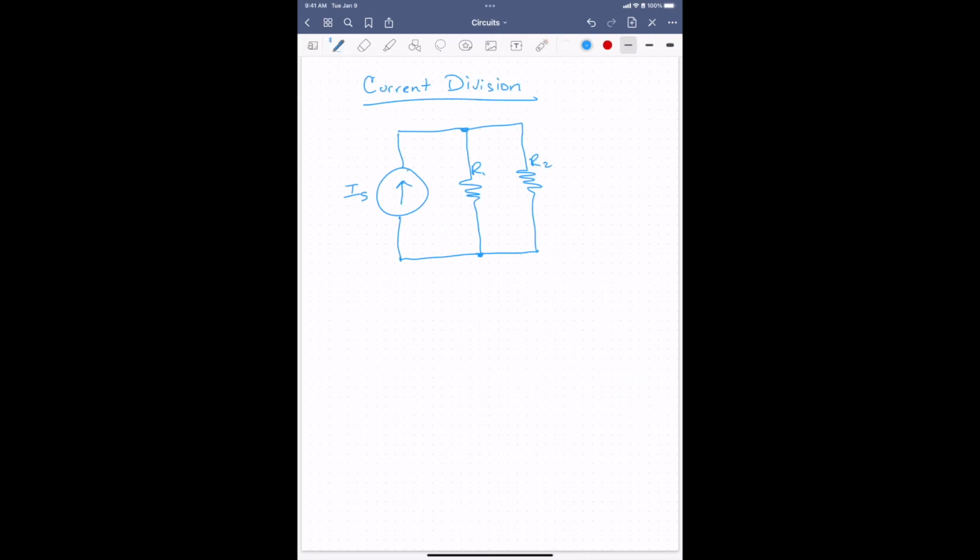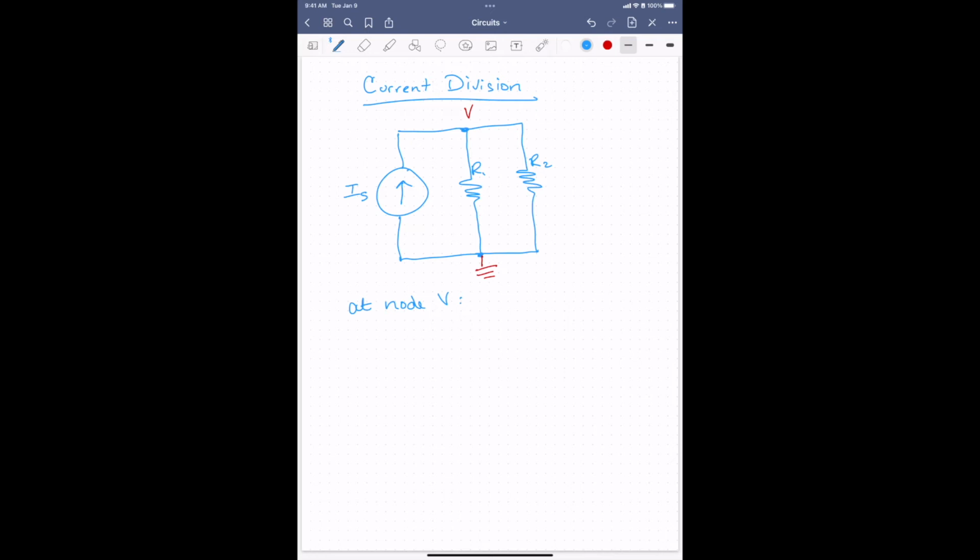Now let's consider an example that illustrates the principle of current division. First I'll derive it using nodal analysis. Let me define this node at the top as V, and this node at the bottom I'll make a ground, which is 0 volts. Now I can write my node equation at the node designated by V, which is also the voltage.